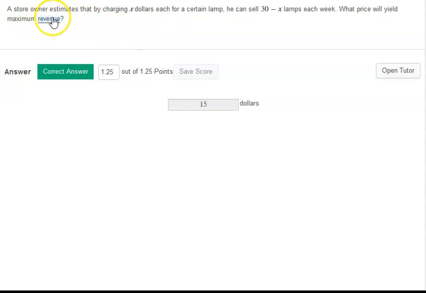Now, a store owner estimates that by charging X dollars for each lamp, he can sell this many lamps. What price will yield the maximum revenue?